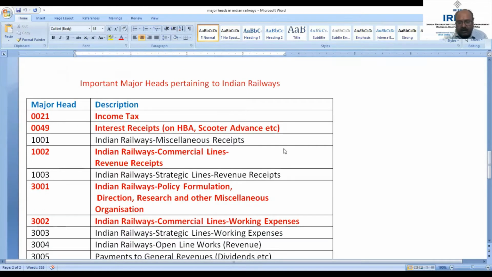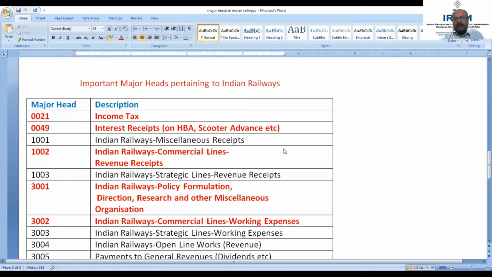Though 0021 income tax pertains to the Ministry of Finance, we operate this major head for accounting of recovery of income tax from the employees as well as contractors. So for 0021, if we check income tax allocation while passing salary bills or contractors' bills, you can verify that the allocation starts with 000021.